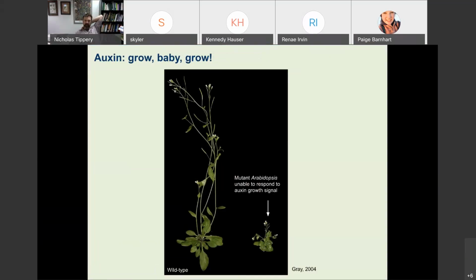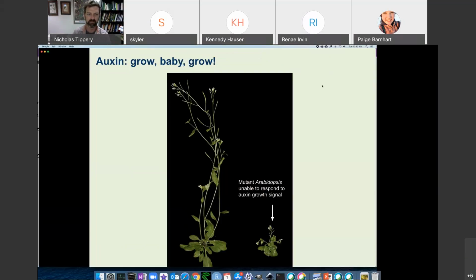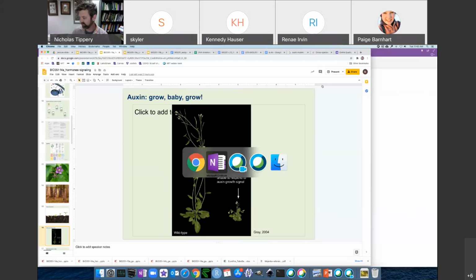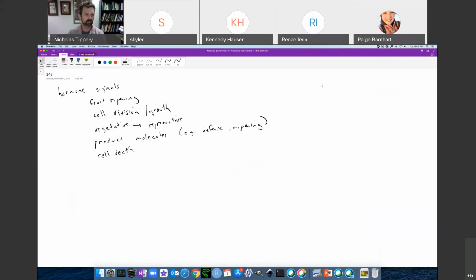So one of the first hormones, probably one of the most commonly talked about hormones, is in this group called the auxins. And auxin actually gets its name from the idea of growth.